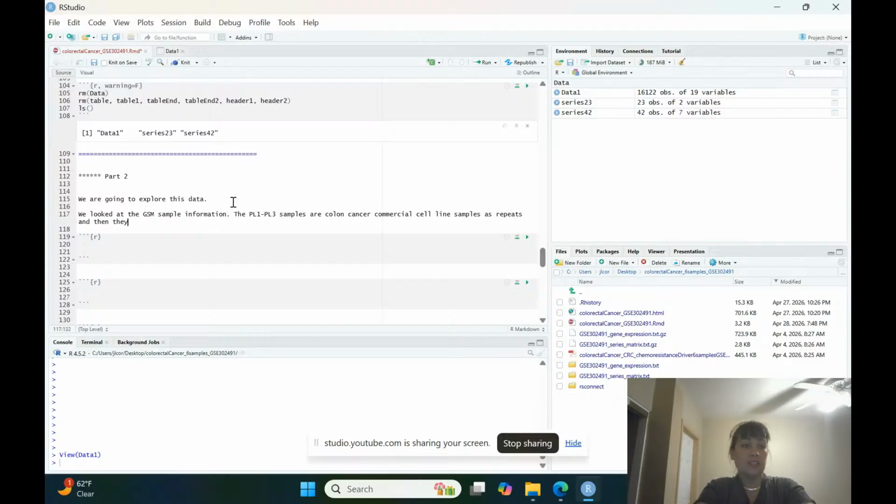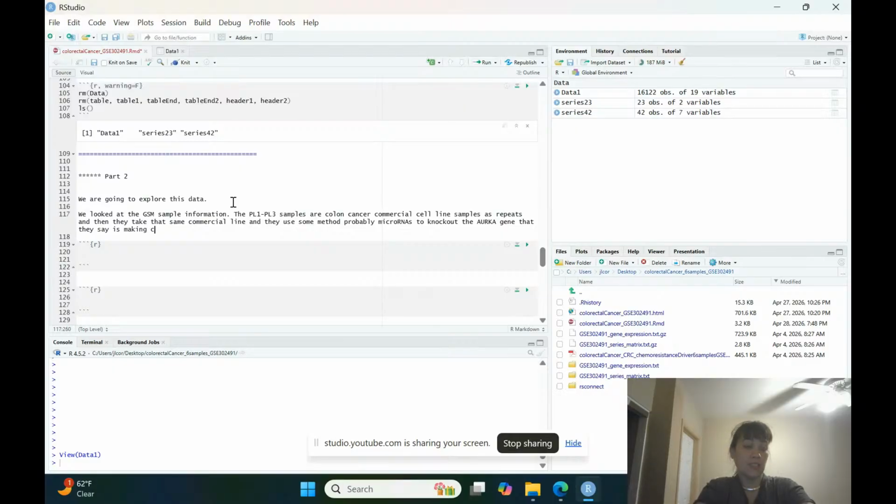And then they take that same commercial line and they use some method, probably microRNA, to knock out the AURKA gene that they say is making colon cancer patients unable to experience beneficial treatment from chemotherapy, as they say.